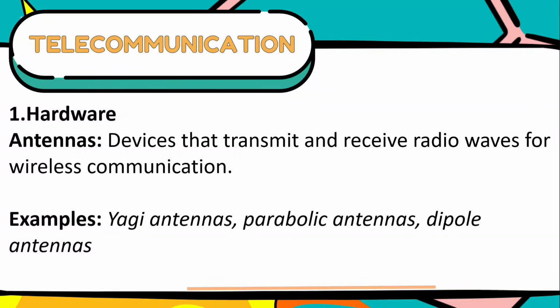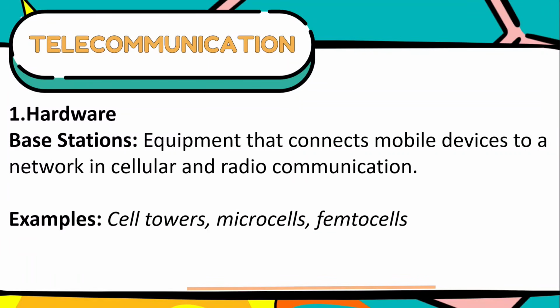Antennas, devices that transmit and receive radio waves for wireless communication. Here are the examples. Base stations, equipment that connects mobile devices to a network in cellular and radio communication. Examples are cell towers, microcells, and femtocells.